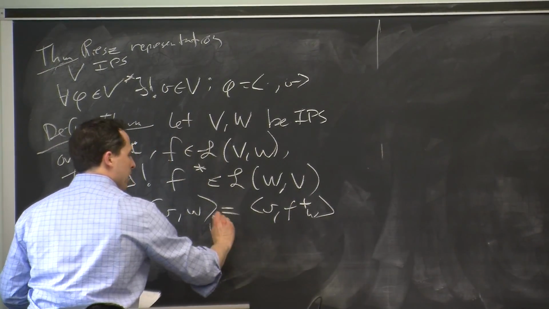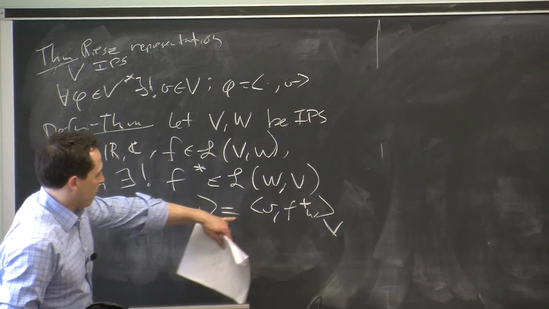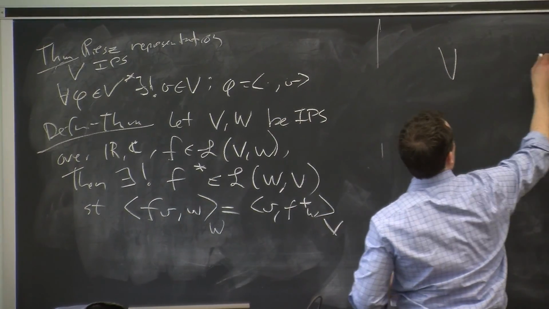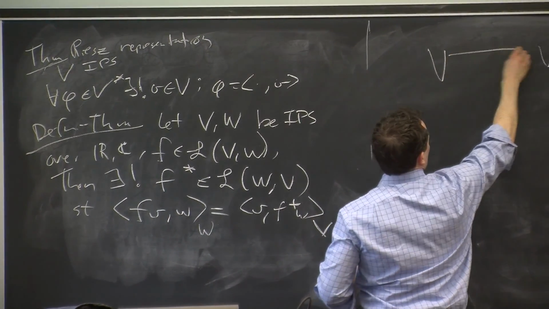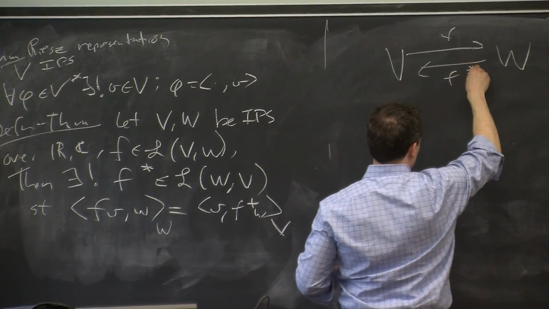which says that an inner product in V and an inner product in W, we can communicate between them using these maps. So we have a V, we have a W, and F star goes in the opposite direction.